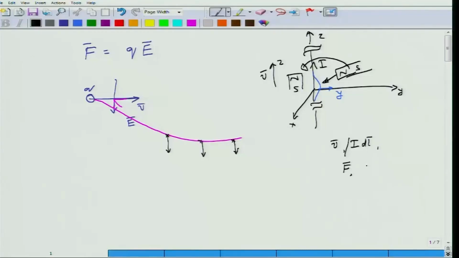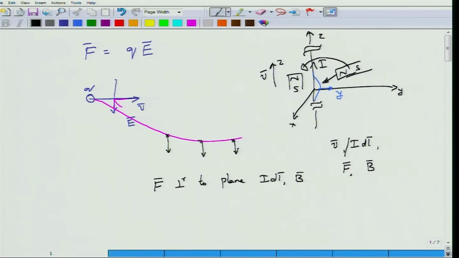So, there is some vector associated with the magnet, let us call that vector B. Then it turns out that the force must be perpendicular to the plane that contains both the current element, or the moving charge, as well as this vector B.